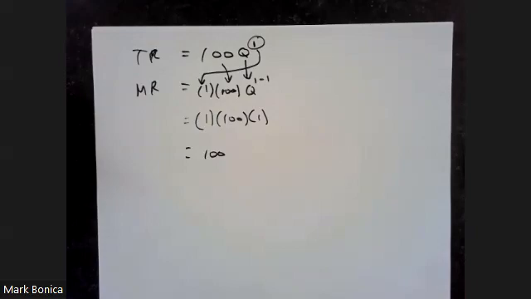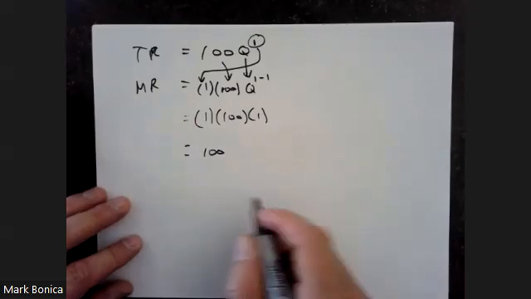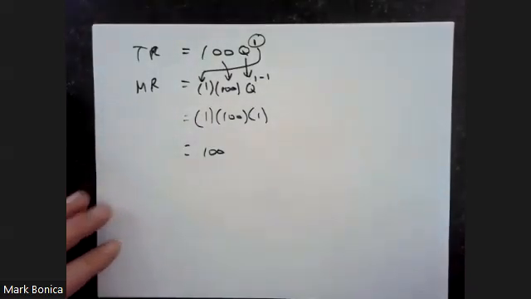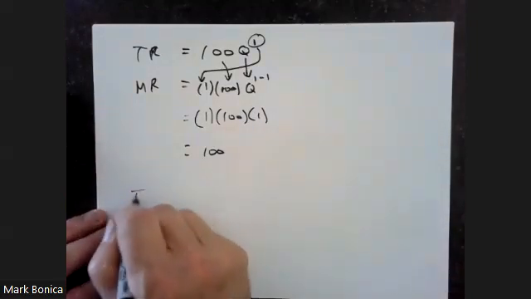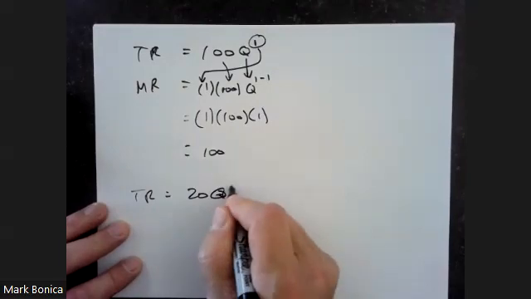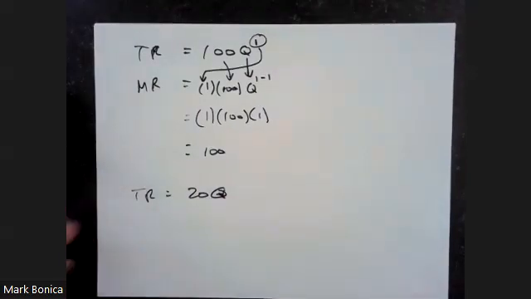So you don't need to do all this if you're looking at it and the variable is raised to the first power. Let's do another one. Total revenue equals 20Q.